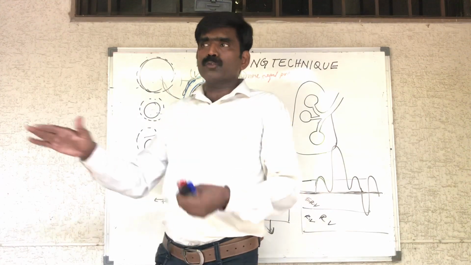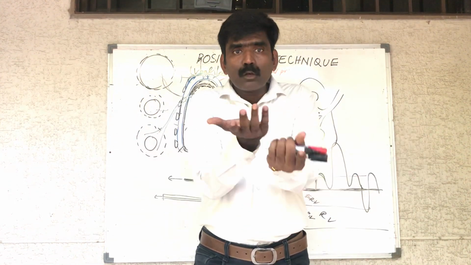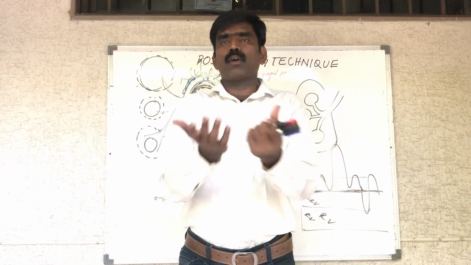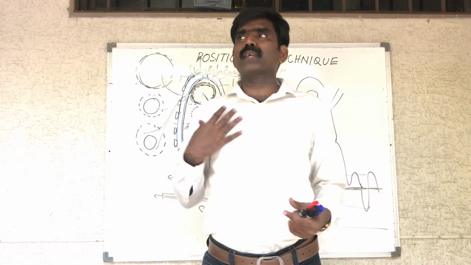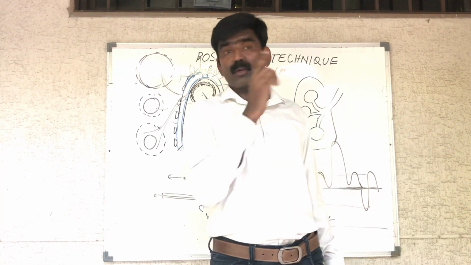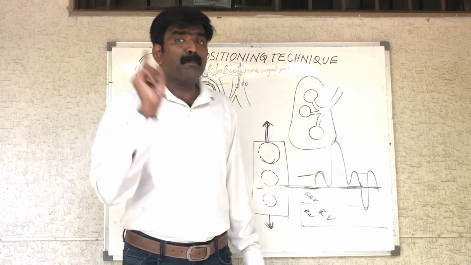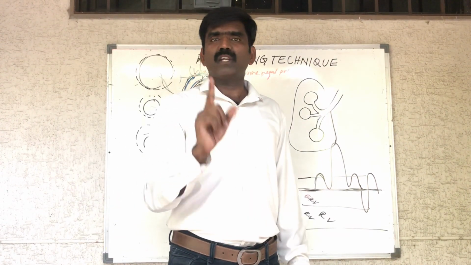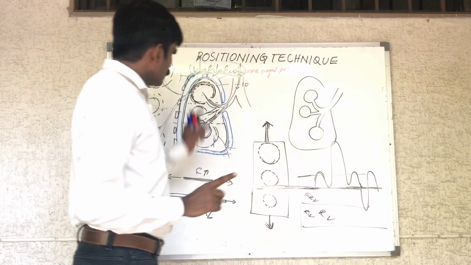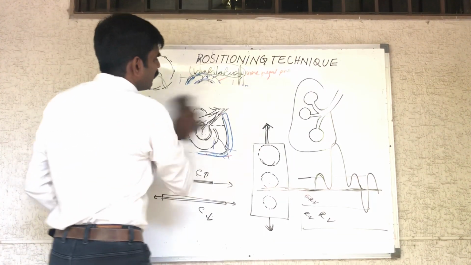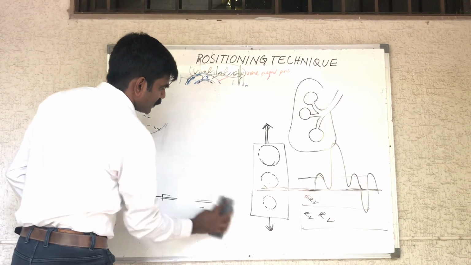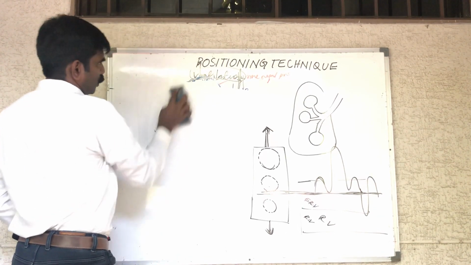So in supine lying position, the lower lobes or the posterior segments will receive more ventilation, and anterior segments will receive less ventilation, because in the gravity dependent lobe the ventilation will be higher. So this is about the ventilation. Now I have explained why the ventilation is higher in the lower zones.